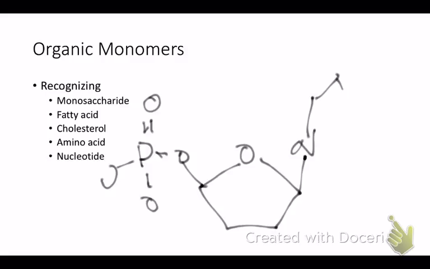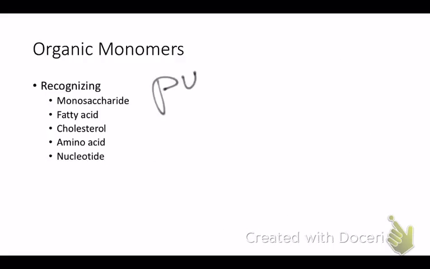And there were 4 or 5 different nitrogen bases, right? Do y'all remember that? Do I expect you to be able to recognize the structural formula of those nitrogen bases? Not exactly. I do expect you to remember the difference between a purine and a pyrimidine.